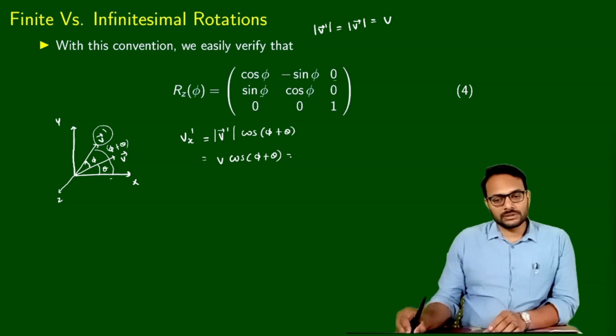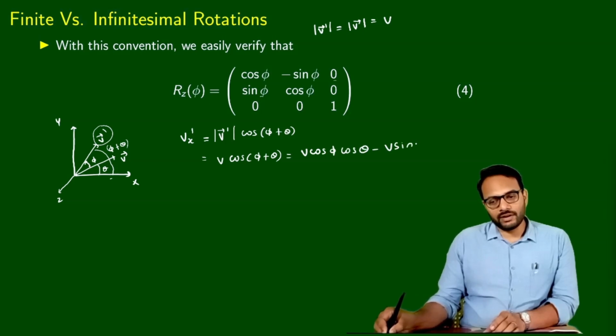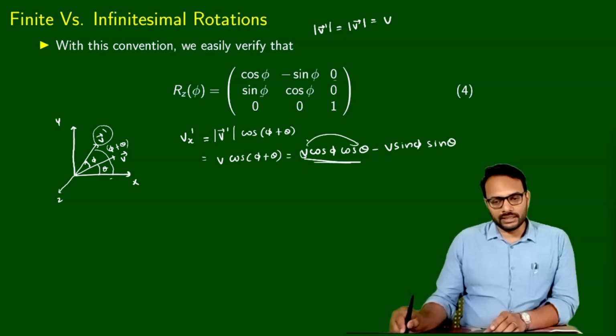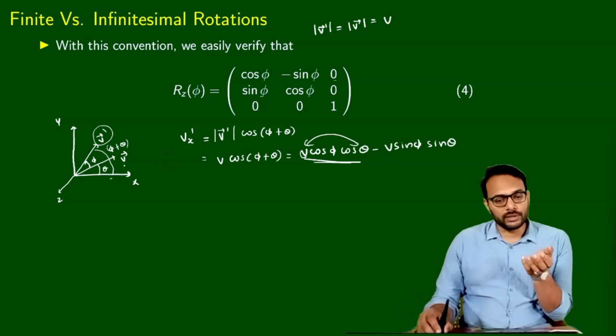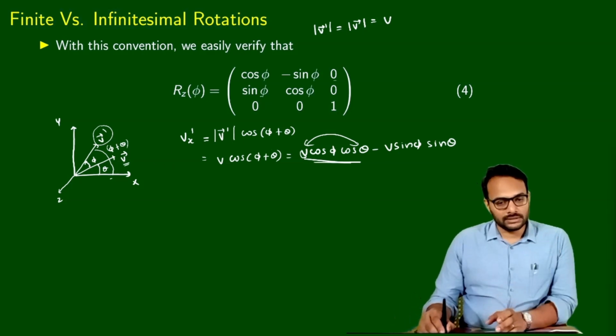Now we can use the trigonometric identity. V cos of phi plus theta is v cos phi cos theta minus v sin phi sin theta. Now if you look at this v cos theta appearing here, it is actually the x component of vector v. This angle is theta, as you can see.